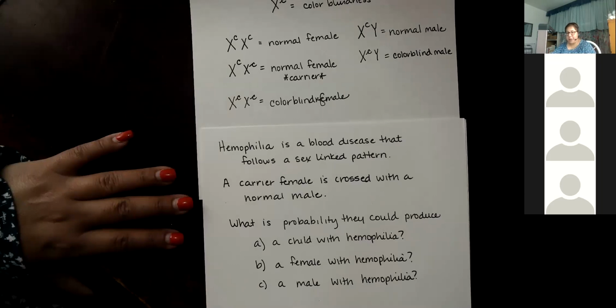So I'm going to let you work on this. I'm going to give you a minute or two. Just work on solving question A, and then I will help you solve questions B and C.